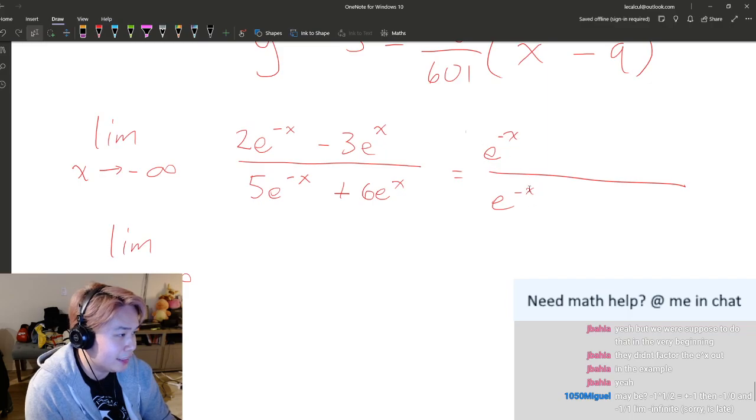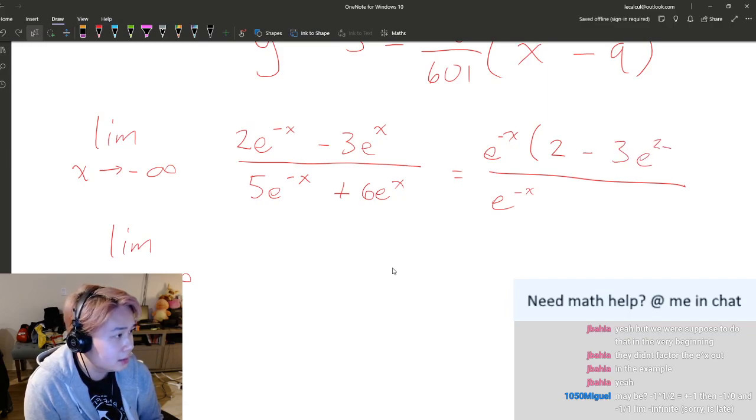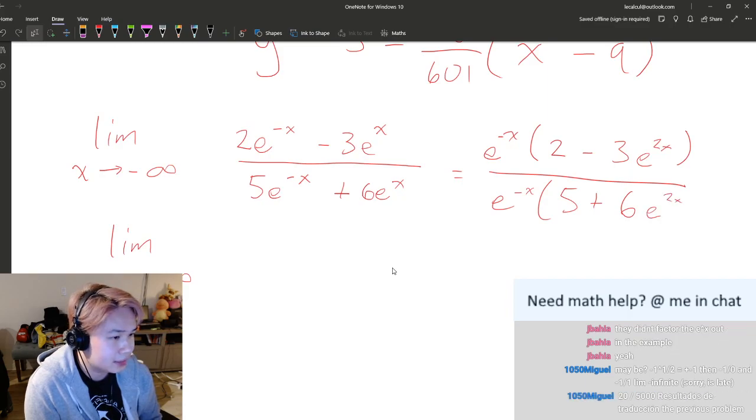And we want to cancel these out because these end up being infinity. So if I factor out the negative x, then what I'm left with is 2 minus 3e to the power of 2x, and then 5 plus 6e to the 2x.